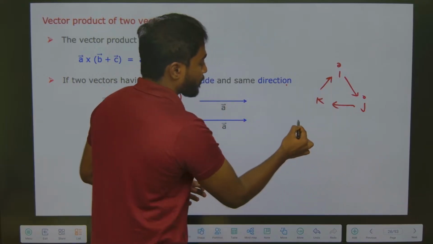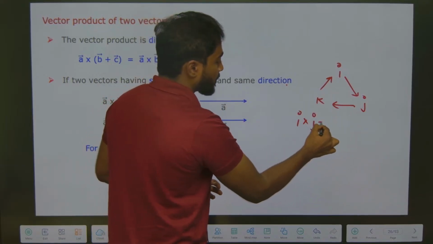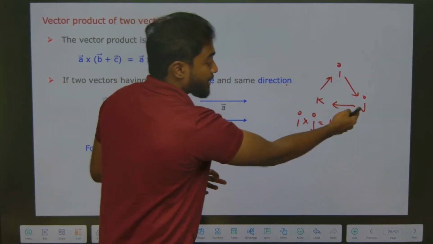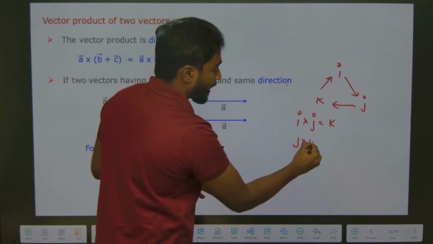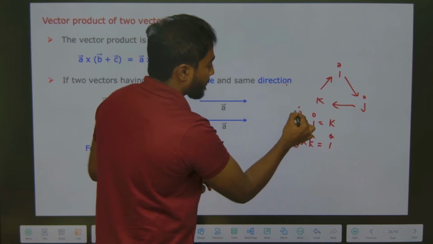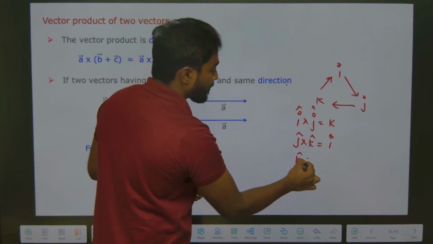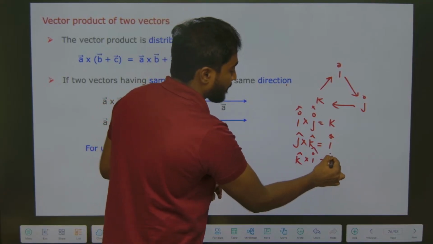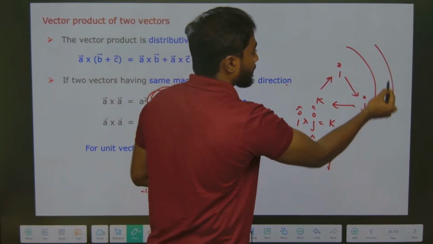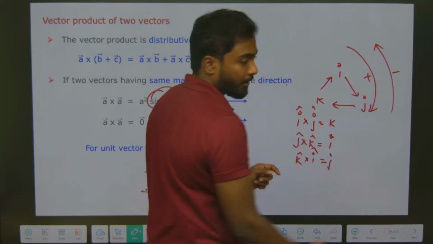I cross J will be equal to K. From I to J, we get K; J cross K will be equal to I; K cross I will be equal to J. So if we go in this direction, it is positive. If we come in the opposite direction, it is negative.